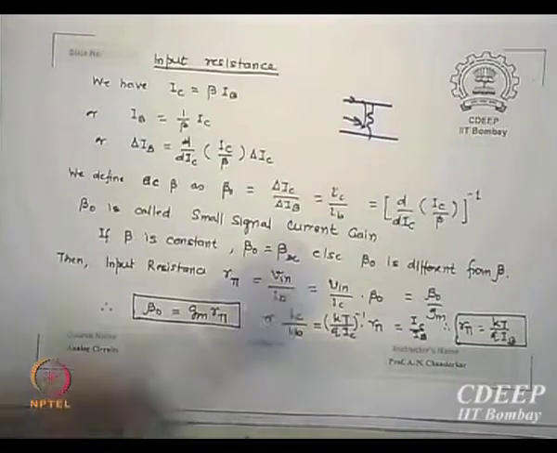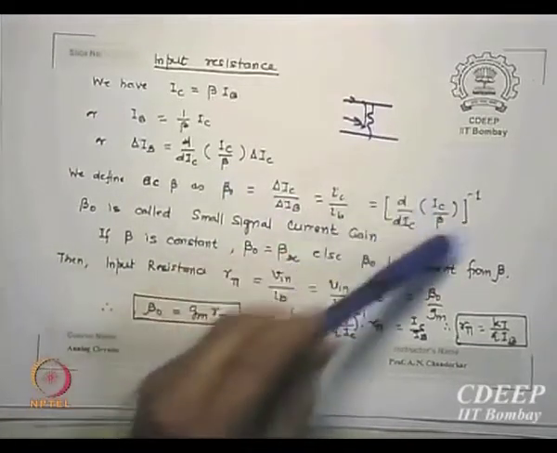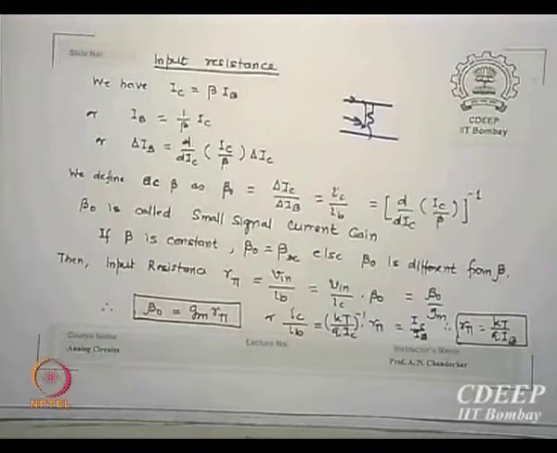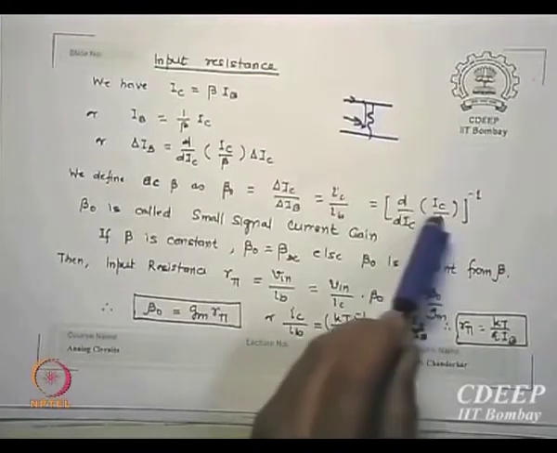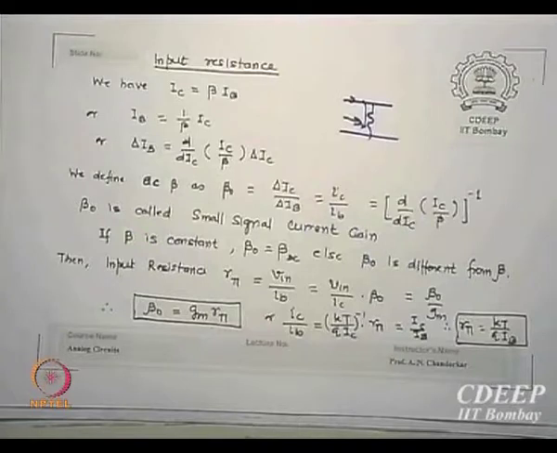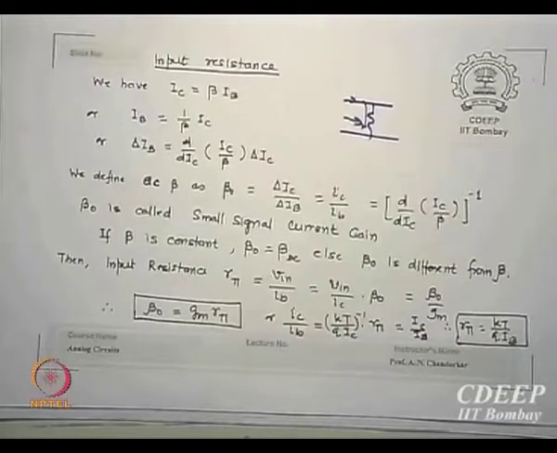However, in this differential, if DC beta is constant, please look at the case I am saying, this beta can come out. Is that correct? In the differential it will not be useful, then this will be 1. So what is it trying to say? AC beta is equal to DC beta if DC beta is constant.